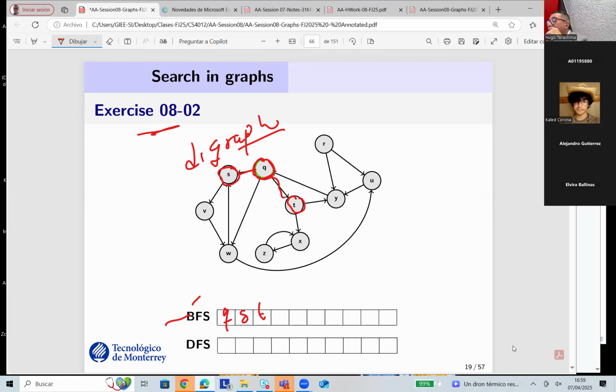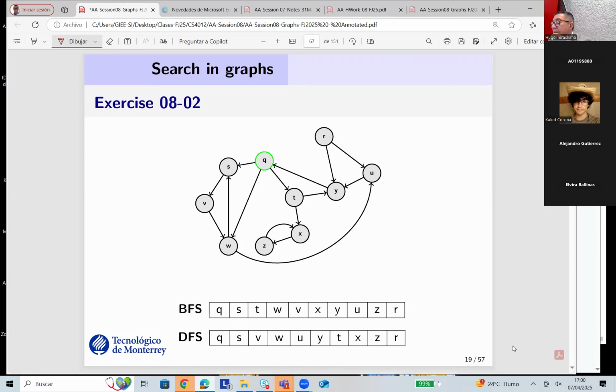I have W here also. Something like this. And then I choose S first, and then T, and W, and I'm just starting to put things here. So you can just check it out.